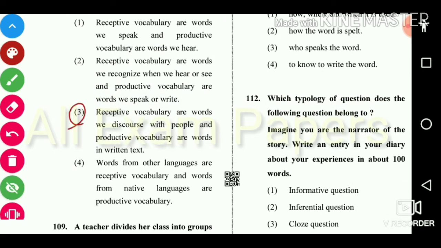Third is receptive vocabulary are words we discourage with people, and productive vocabulary are words in written text. Fourth is words from other languages are receptive vocabulary, and words from native languages are productive vocabulary. And the correct answer is option number 3.